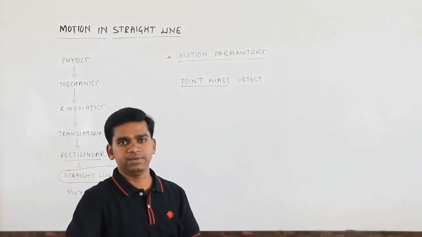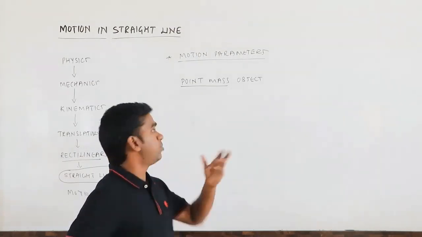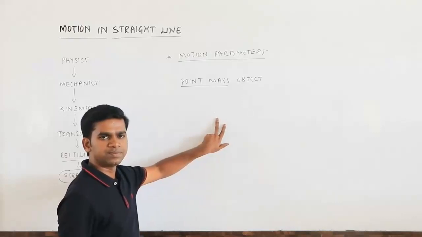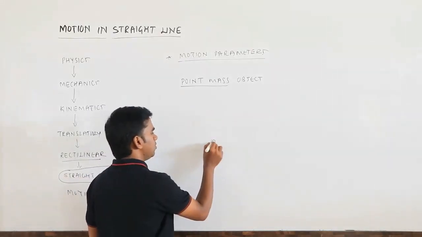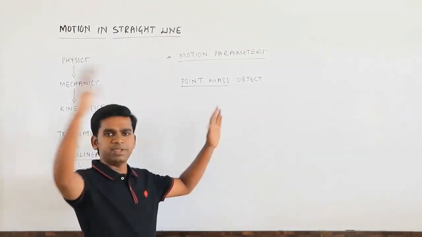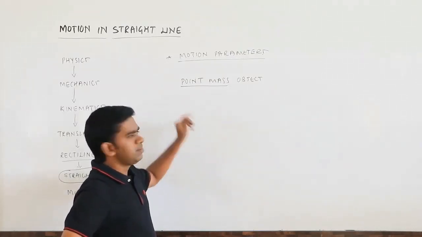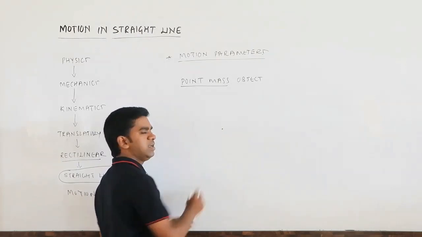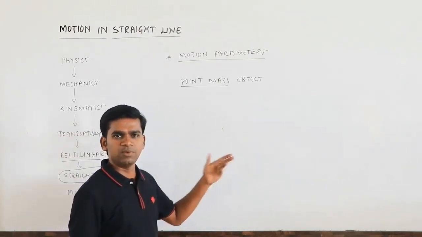What exactly does that point mean? What are you saying about this point, or are you saying something bigger? What exactly is that point mass? Suppose if you take the point mass to be only this much, then how can you study it?